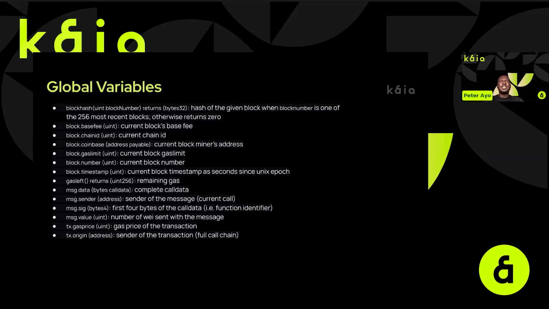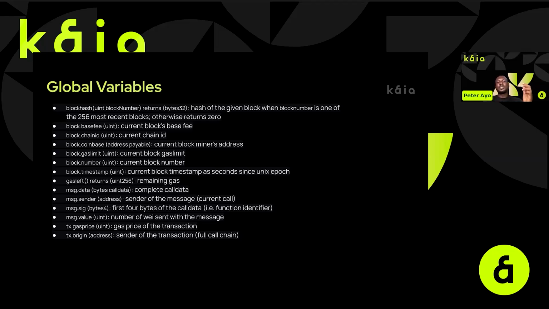Now, msg.data is a very important one, because it contains the function signature and also the function selector, right? A function signature is basically the function name and the function argument types, right? That is the function signature.